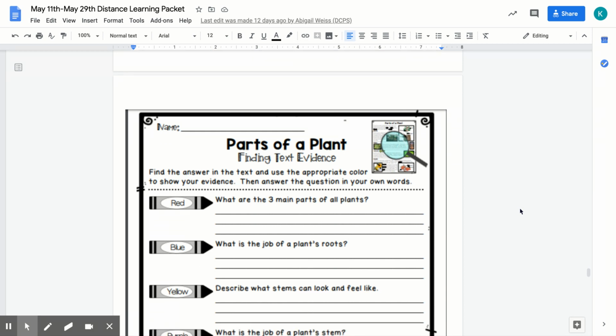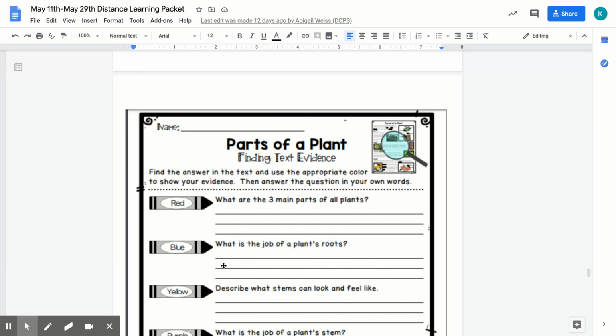If you have crayons or colored pencils at home, you are going to underline the answers in the appropriate color. So for example, with a red colored pencil or crayon or even a pen, underline the 3 main parts of all plants. Then you'll write down the answer here.